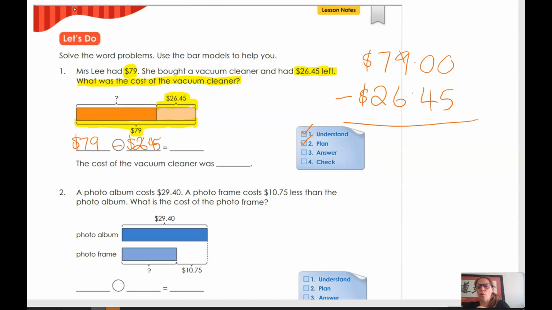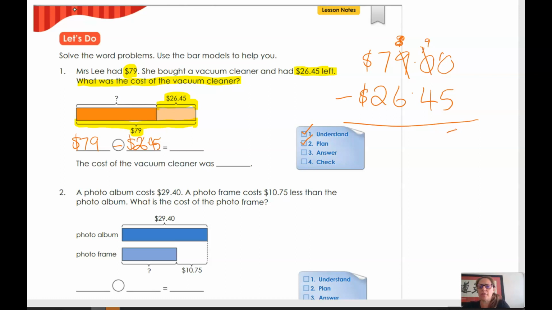I'm going to take one from the ones column, and I'm going to now have 10 tenths. Then I have to regroup again. I need to take 1 tenth from the tenths column, and now I've got 10 hundredths. And because I've regrouped and moved everything across, I can now do my subtraction.